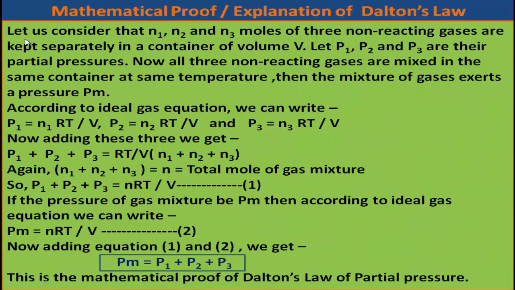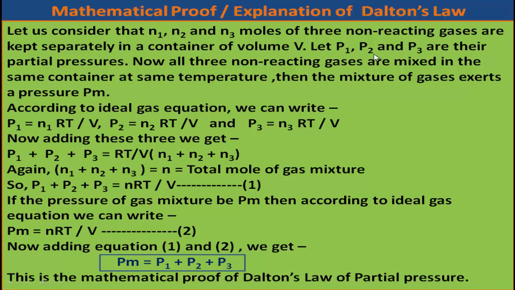Now, I will discuss the mathematical explanation of Dalton's law. That means how can we derive Dalton's law mathematically? Let us consider that N1, N2 and N3 moles of three non-reacting gases are kept separately in containers of volume V. That means their volume is fixed and their amount, that is mole, is different for the three gases.